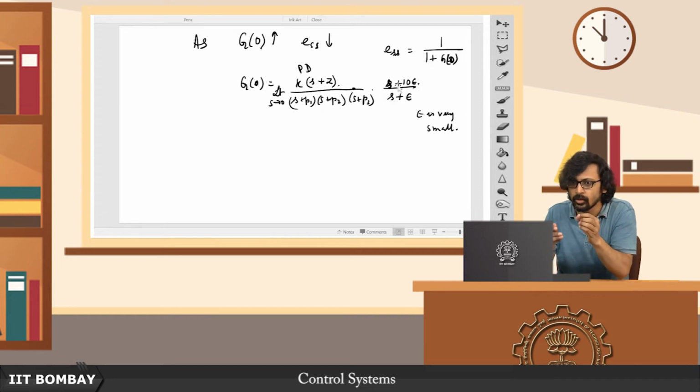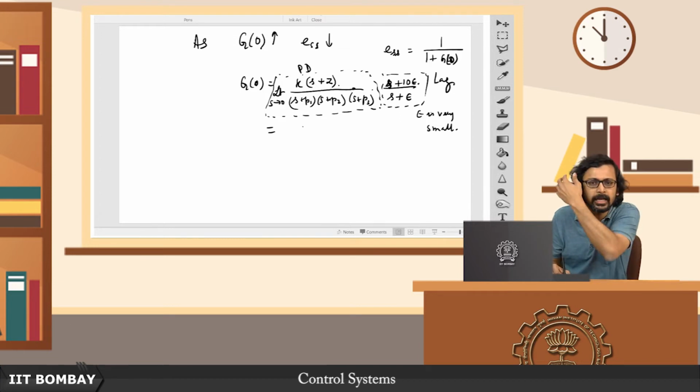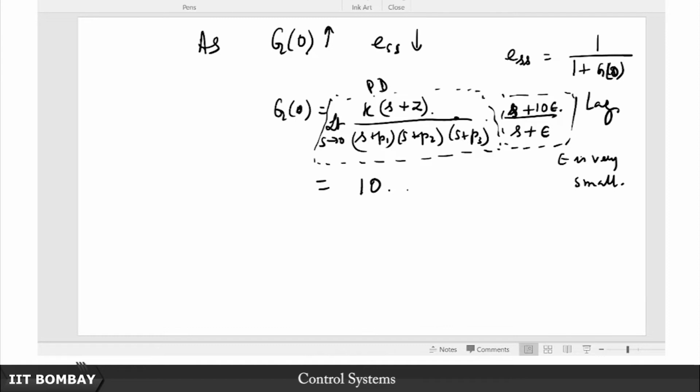Now, when viewing from the origin, the distance of this and this is 10-fold. So if this was your PD compensated block and then you add this sort of a lag compensator to it, what you then have is basically a 10 times increase.